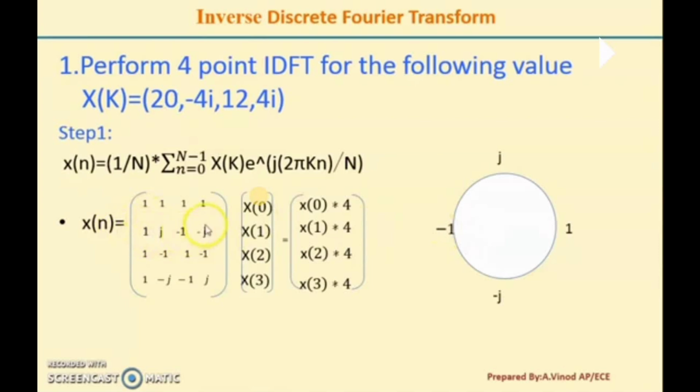In a similar way, you have to multiply 1, j, minus 1 and minus j. If you multiply this one, you check the answer. This is nothing but 8, and this is j square and this is also j square, so it gets cancelled out.